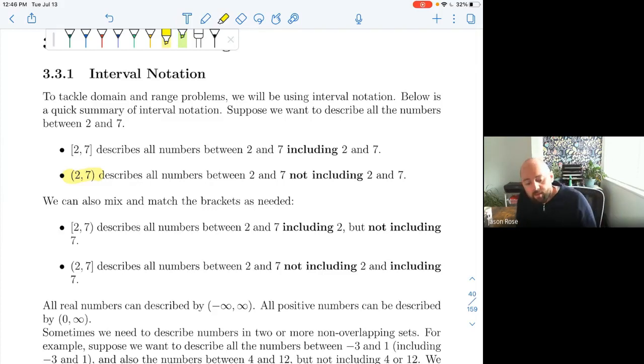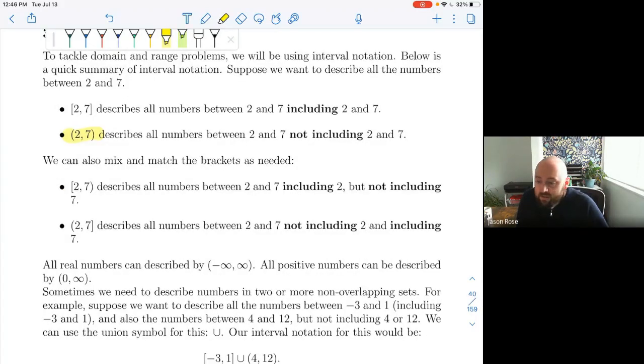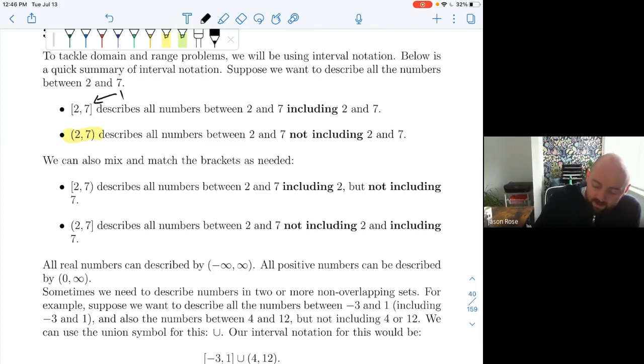Okay. Likewise, you can mix and match the brackets depending on your needs to describe a set. If I use what I'm calling a hard bracket on the left and a soft bracket on the right, maybe I should write this in here actually. I tend to refer to these as hard brackets.